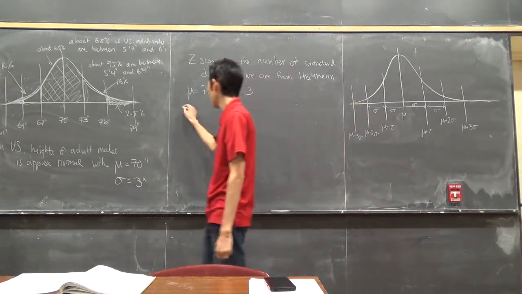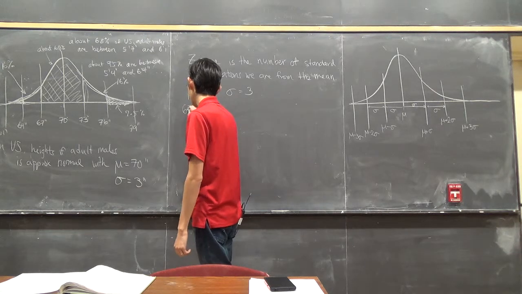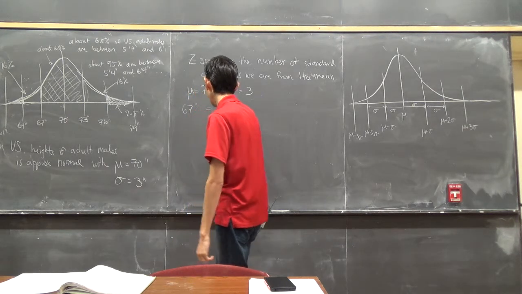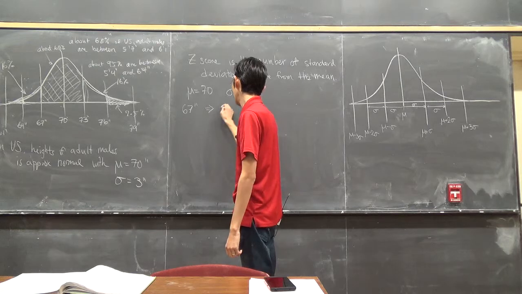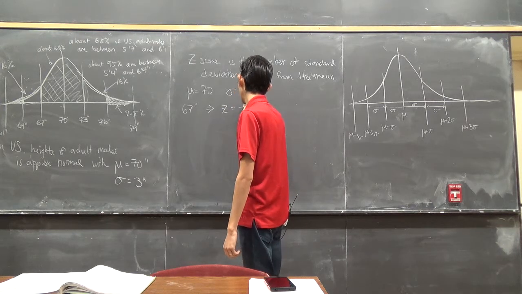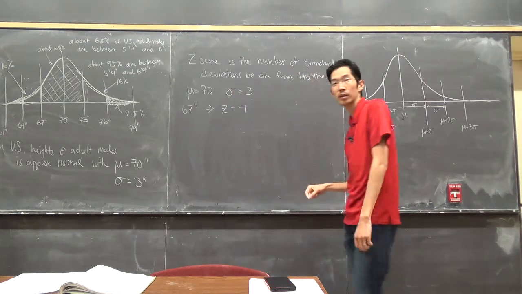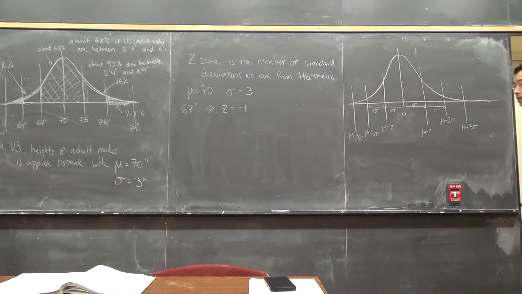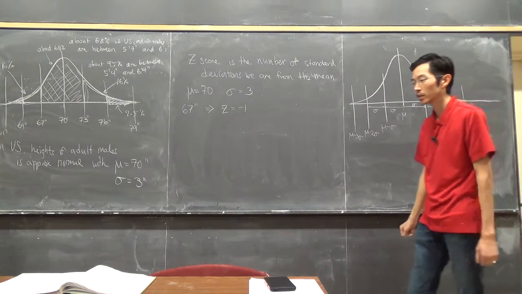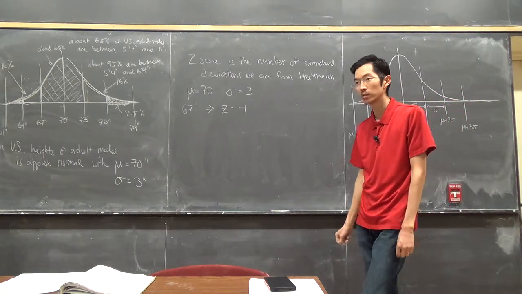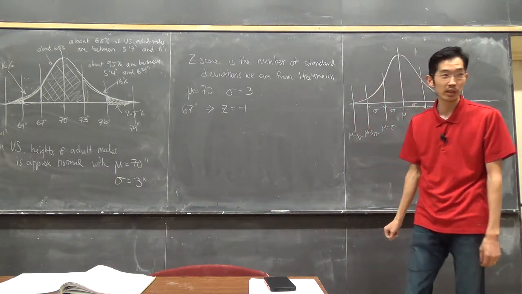So 67 inches is equivalent to z equal -1. Okay. Because 67 inches is 3 inches below the mean, and that is equal to being 1 standard deviation below the mean.